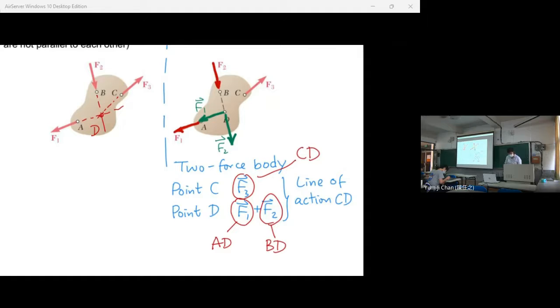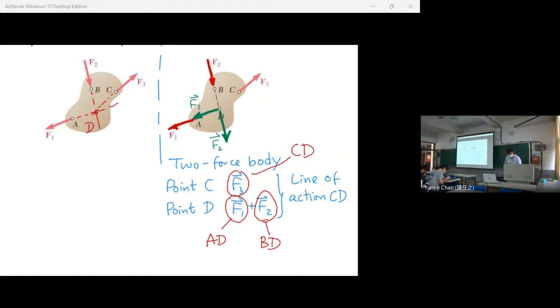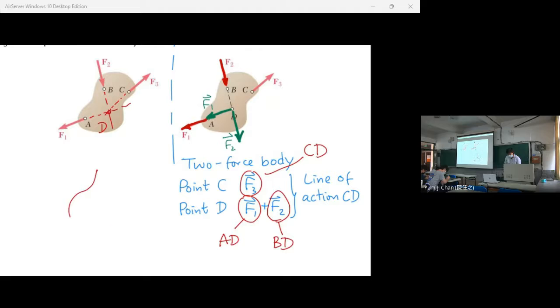So it means, for example, that the three lines of action would not go this way, okay?